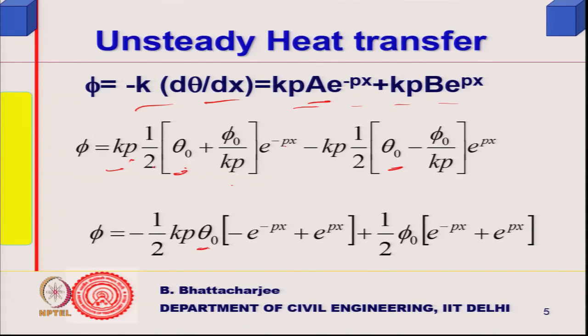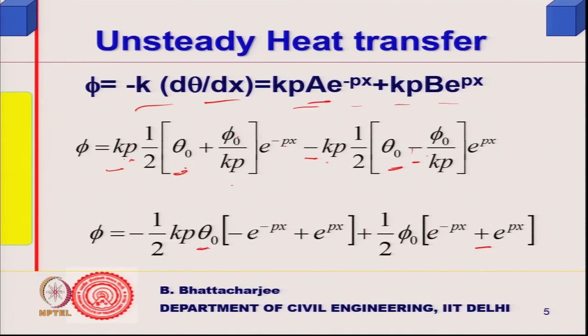And similarly for this one you will have kp half e to the power minus px, and minus, this will make it plus e to the power px. So this is minus e to the power px, and phi 0, so this is kp theta 0 and phi 0 by kp I have taken.